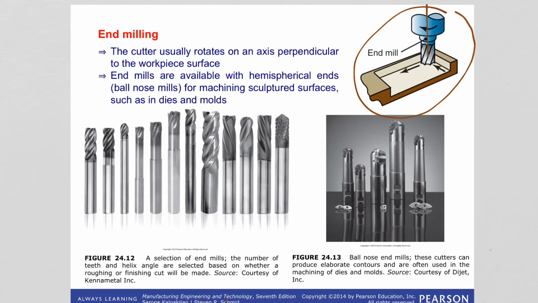These are also called ball nose mills. You are seeing them in this image. These ball nose mills are used for machining surfaces such as dies, molds, and so can produce contours, and as I said, used in dies and molds.